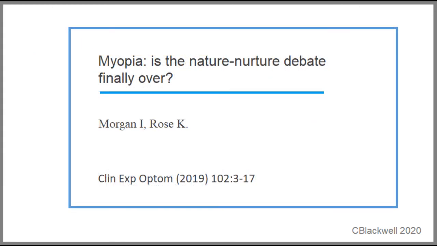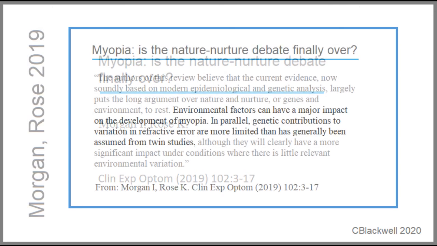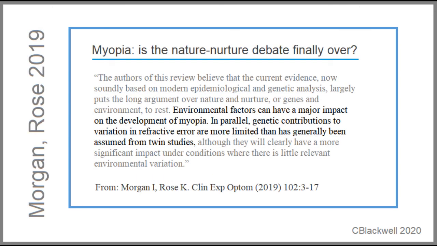A year later, Morgan and Rose provided a critical review of the genes versus environment debate, including historical background, study methods and conclusions, and current study results. They discussed the debate about nature versus nurture. First, environmental factors can have a major impact, while genetic contributions are more limited than was assumed from twin studies.